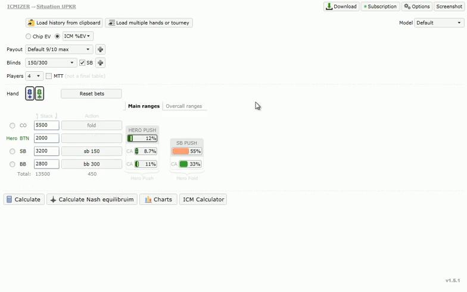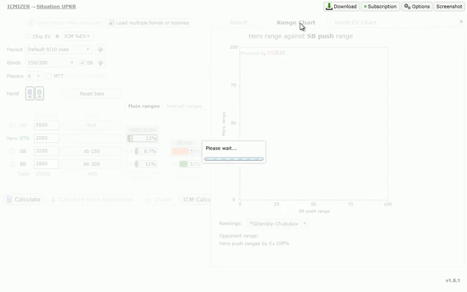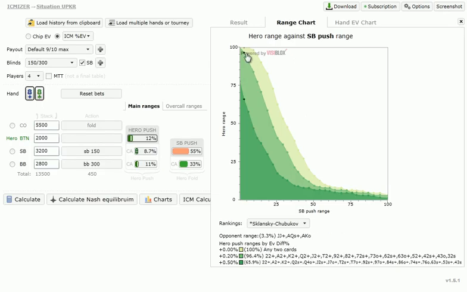And again, with a range chart, we aren't limited only to simple spots. If the spot is a little bit more complex, like here, from the example with the hand EV chart, we can also build a range chart and find our range dependency on the small blind pushing range. We can see pretty curious shapes, so let me explain.